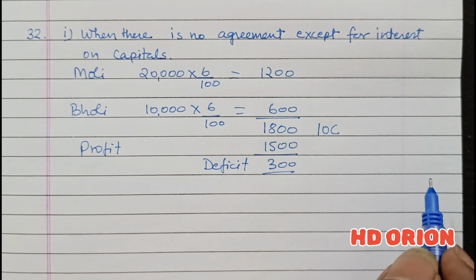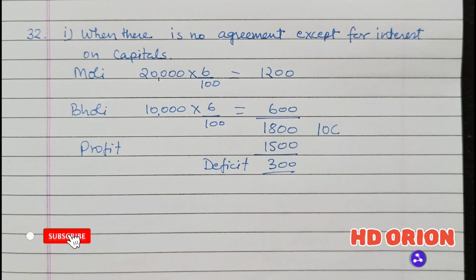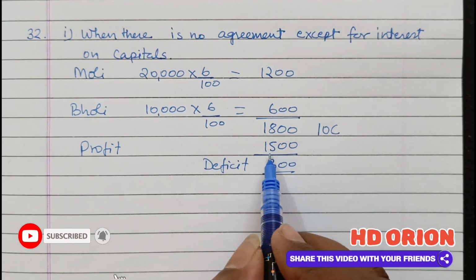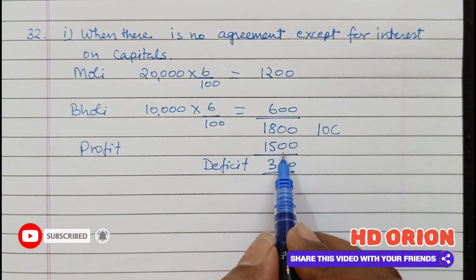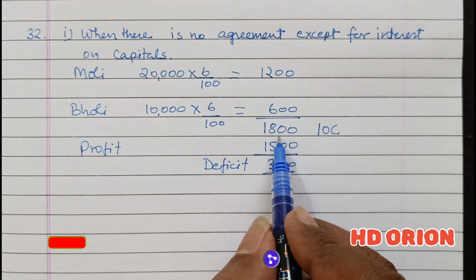So what we have to do, as per the Partnership Act, it is said that interest on capital is to be restricted to the amount of profit earned during the year. So during the year it is 1500. So we cannot surpass this 1500. We cannot give 1800 as interest on capital.